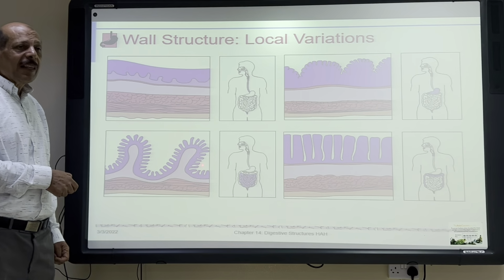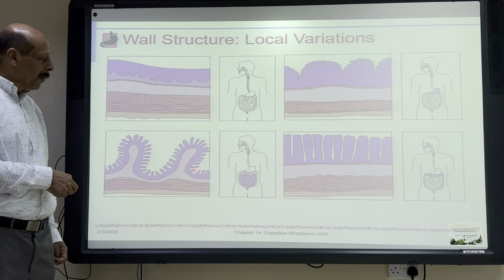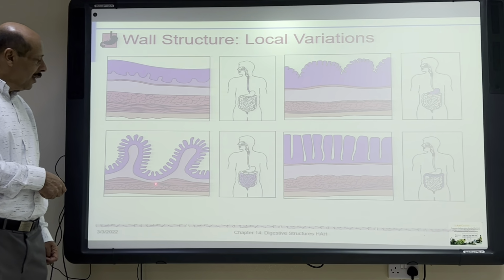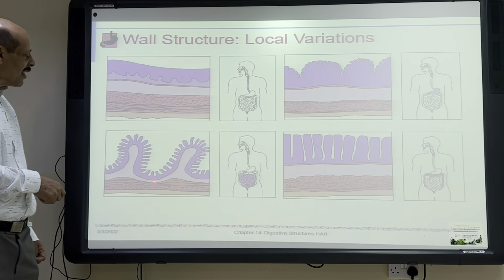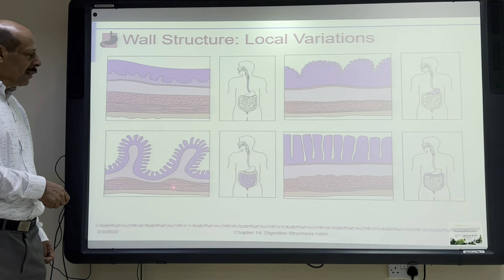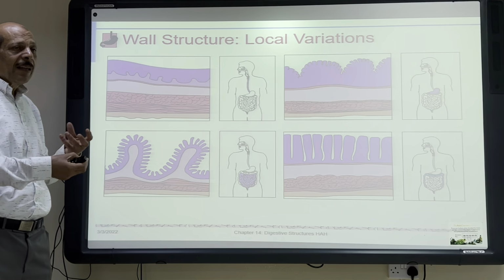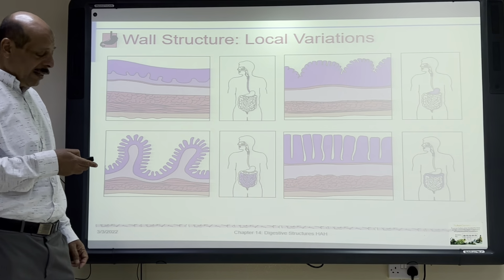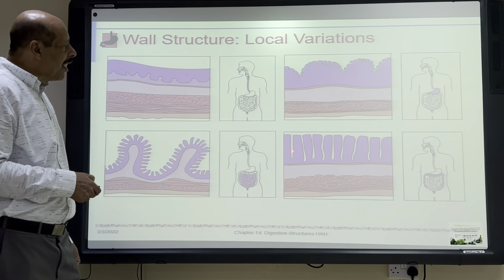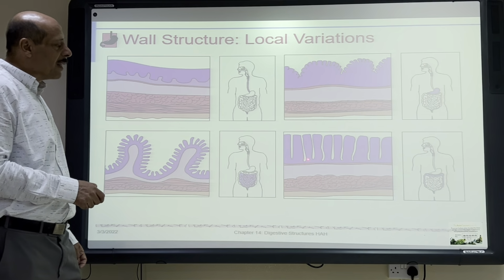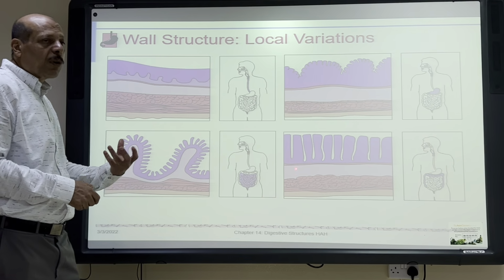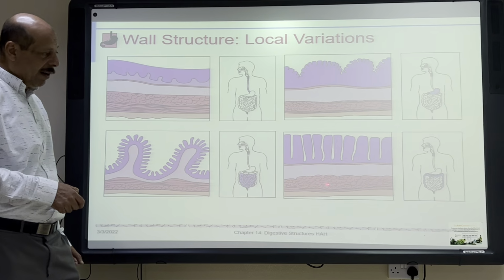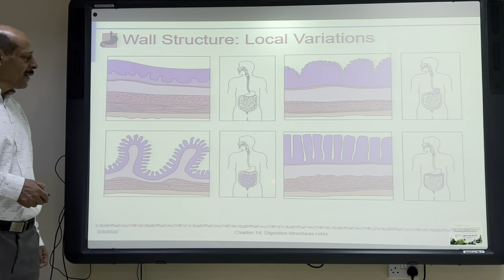That will help in the process of absorption. See the alteration in the muscular layer also. This will help in the peristaltic movement and contraction. Then in the large intestine there is also a difference in the submucosa, and here, as we said, it is created mostly for absorption of water rather than other substances.